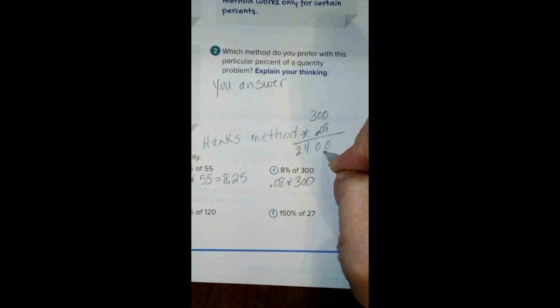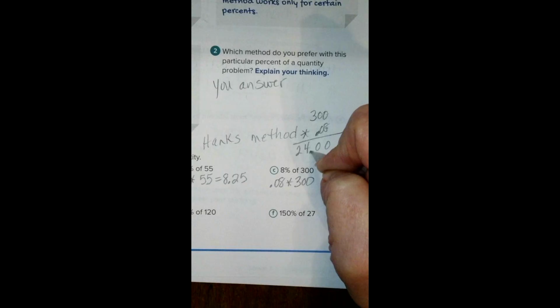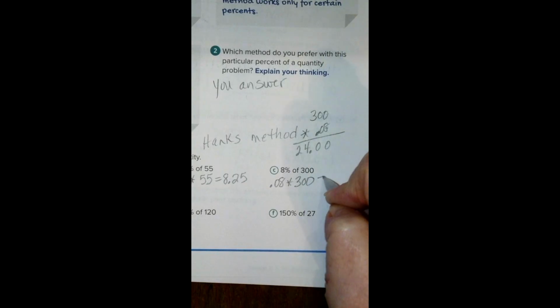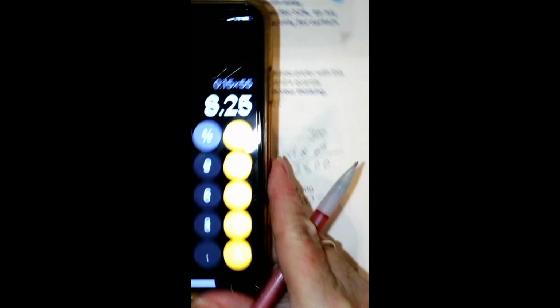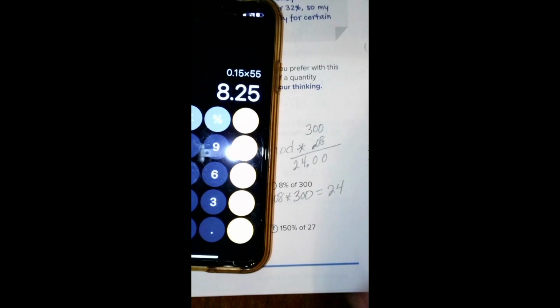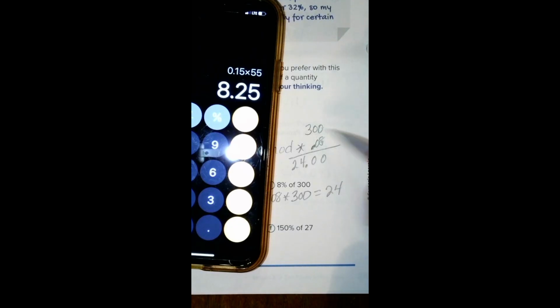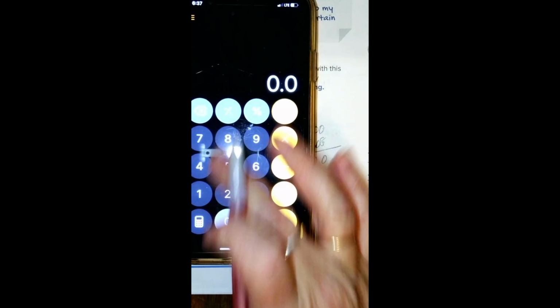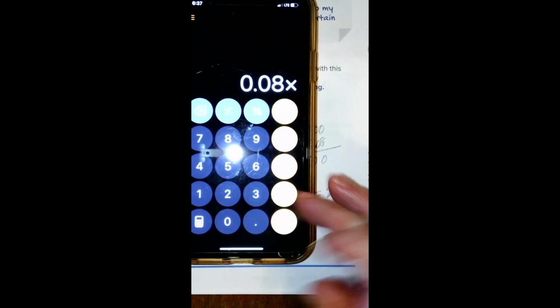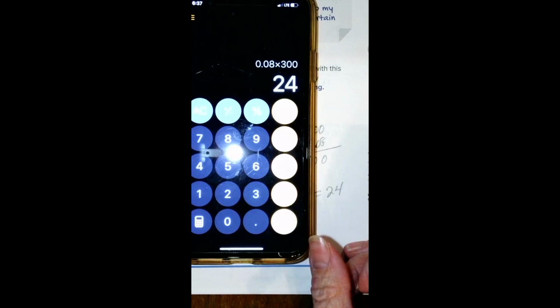I have 2 numbers after the decimal point. So I should get 24. We'll verify that on the calculator. 10% of 300 would be 30, so it should be correct. So 8% of 300 is 24.